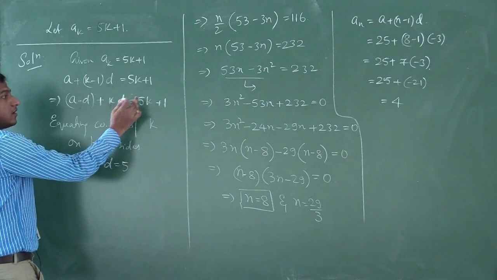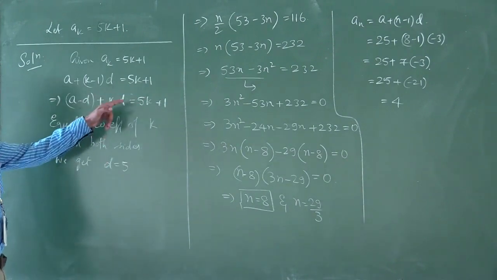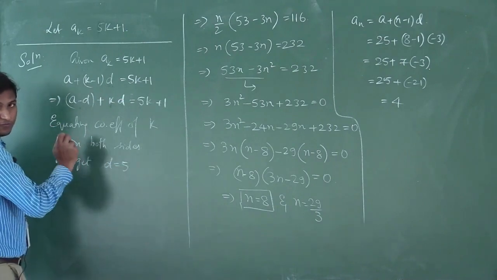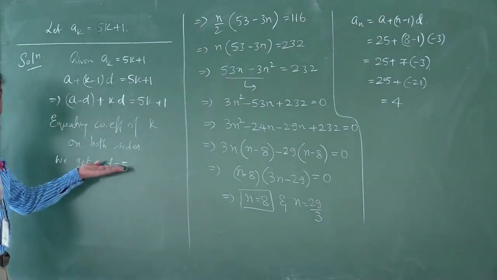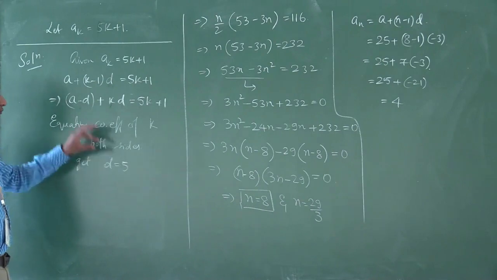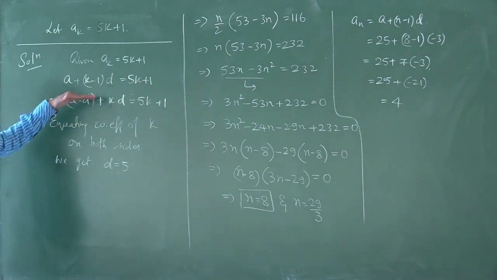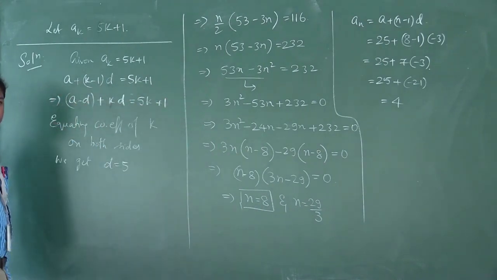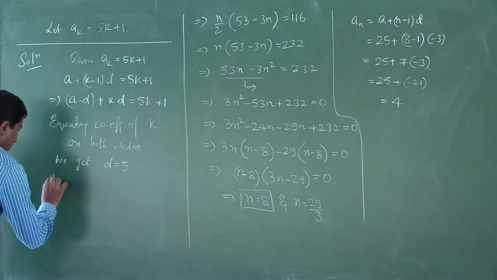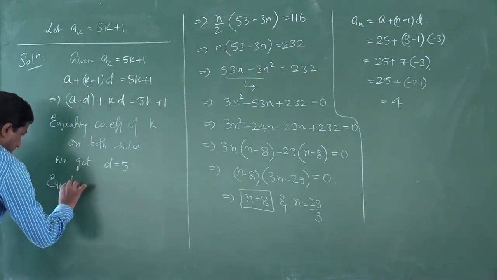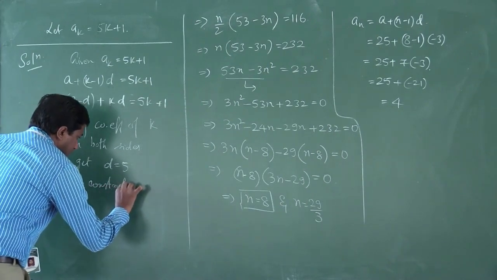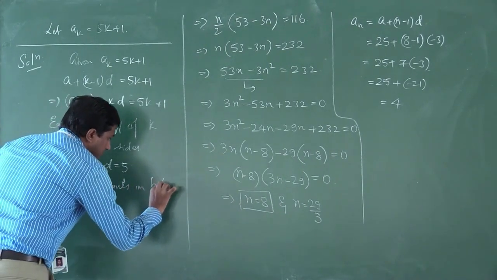So equating the coefficient of k on both sides, I get d equals 5. Now that I have d equals 5, I have to find the value of a. Similarly, following the same idea, equating the constant terms on both sides.